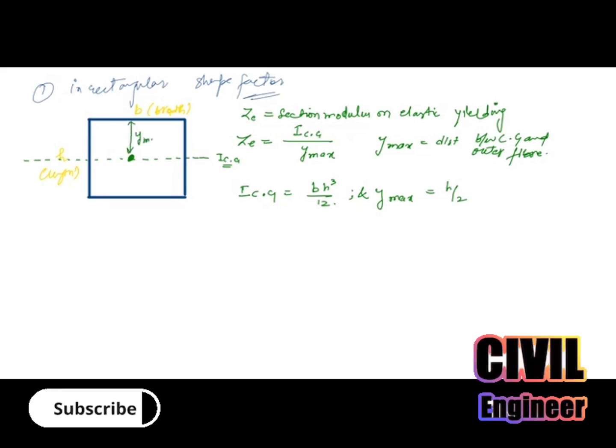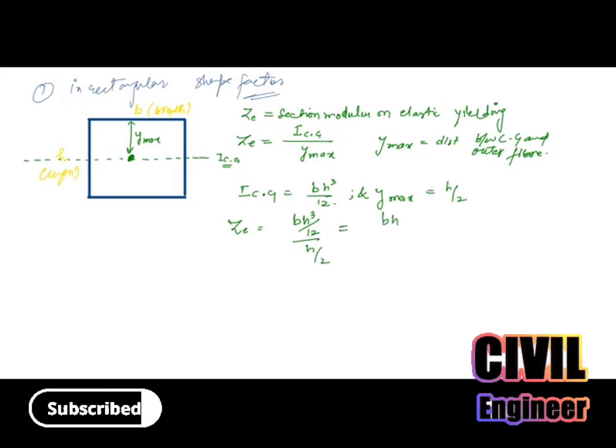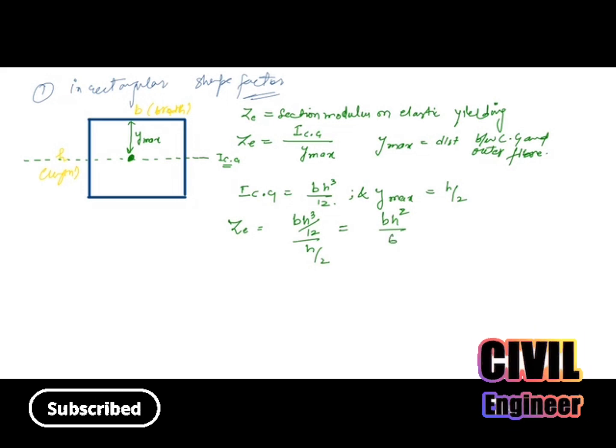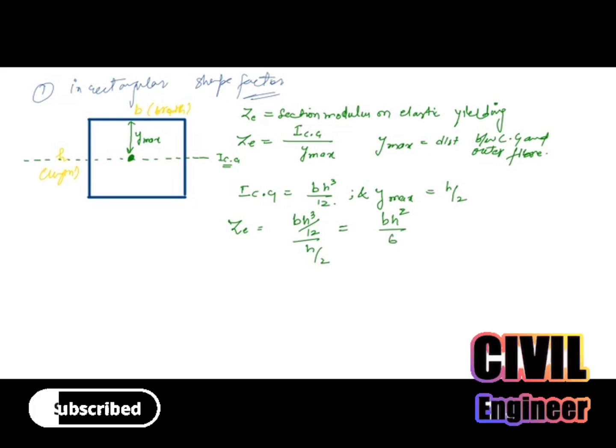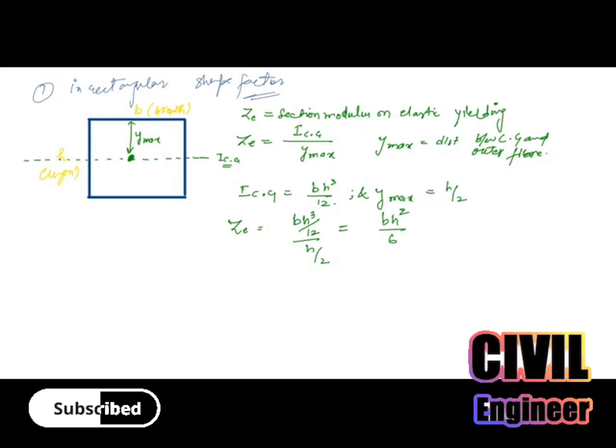This is y max, that is H by 2. Therefore, ZE will be BH cube divided by 12, whole divided by H by 2, which is BH square divided by 6. This is the elastic section modulus.